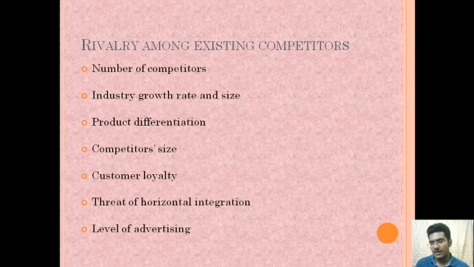For example, let's take pen. There are Reynolds, Lynx, Cello, and there are many companies that manufacture pen. In spite of bringing product differentiation and marketing strategy, beyond that, a normal pen can't be sold for more than 10 rupees because other companies are manufacturing a good writing pen at a price of 10 rupees.